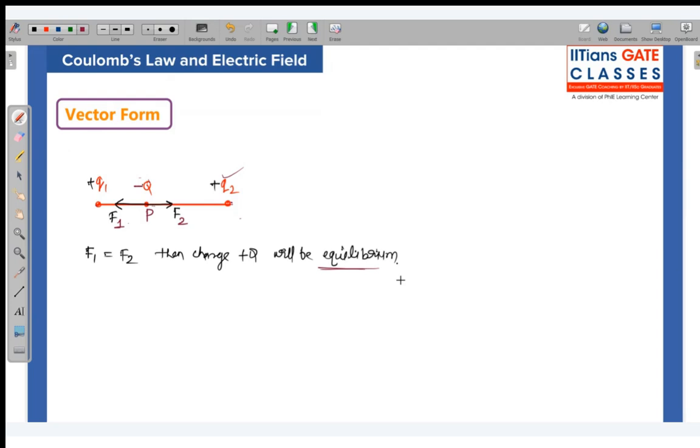So in the previous discussion and this discussion, both have the force on point P in equal and opposite direction, so it is in equilibrium. But now let's see whether the overall system is in equilibrium or not. So in the plus Q2 charge, the force is due to Q1. The force exerted by Q1 is towards right because it is repulsive.